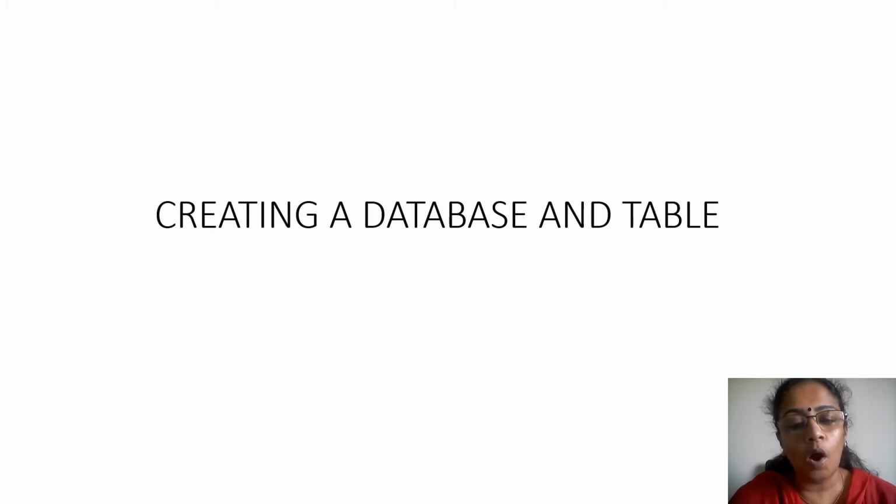We will now go on into creating a database and a table using OpenOffice database. So in this practical class, we are going to learn how to start using OpenOffice and how we are going to create a database, and inside the database we are going to create a table.